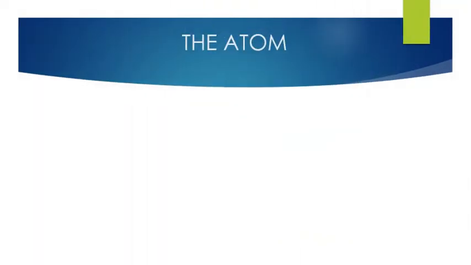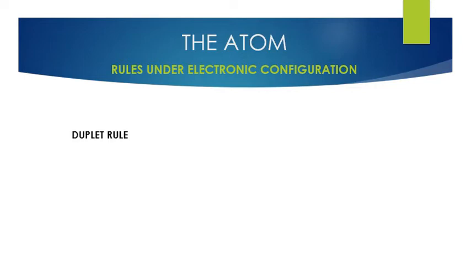There are 2 rules that bind electronic configuration, namely the duplet rule and the octet rule. I'm sure we've heard of the term duo, right? So when they say duo, they simply mean 2. We live in an information age, so you know that a phone that has got 2 SIMs is known as a dual SIM phone, right?